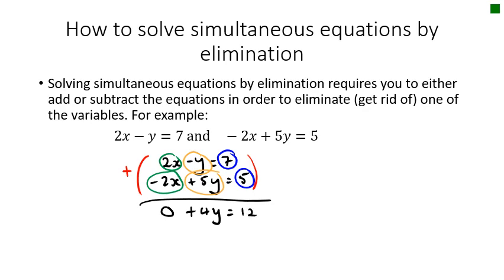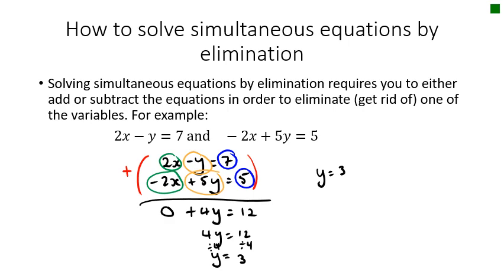So now I've ended up with 4y equals 12 when I've added the equations, because the x's have cancelled each other out. I can then go ahead and say, well, y must equal 12 divided by 4. So therefore y equals 3.